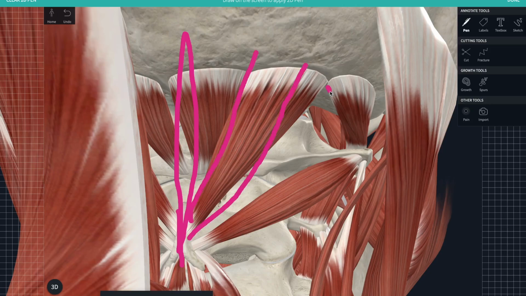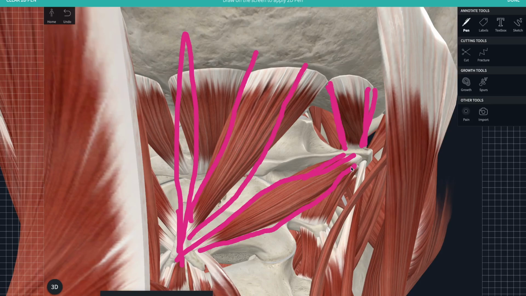The lateral is made by the obliquus capitis superior. Inferiorly, it is made by the obliquus capitis inferior. Remember, this is still oblique. So the lateral side is the obliquus capitis superior, and inferiorly, the obliquus capitis inferior.